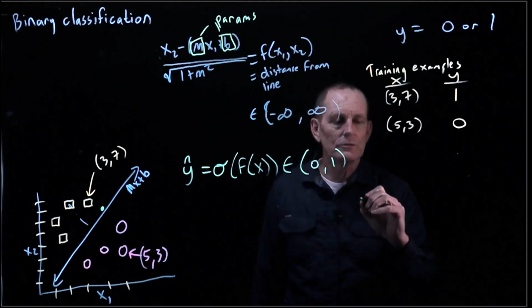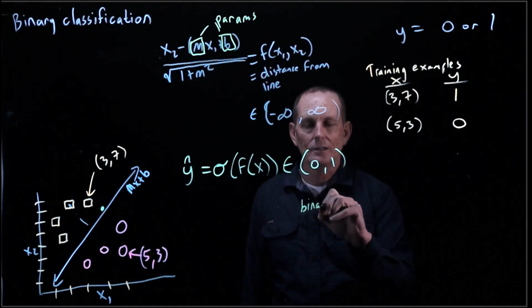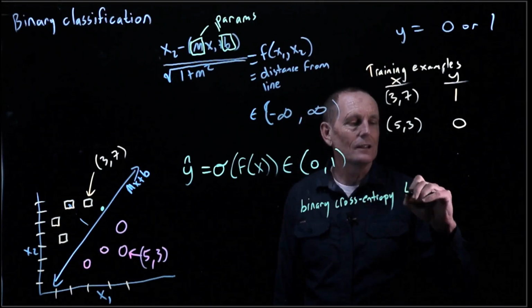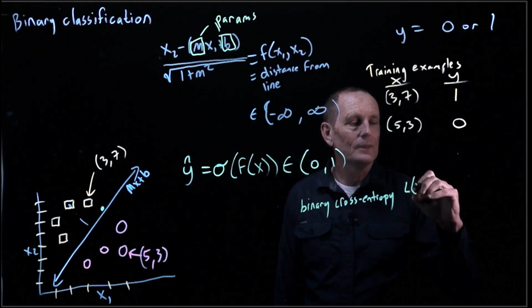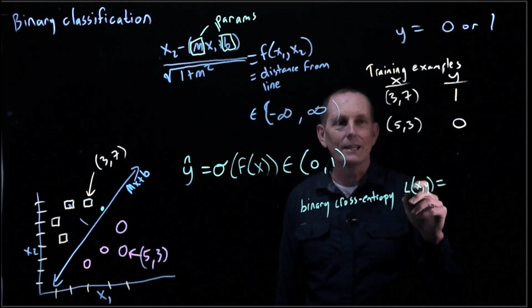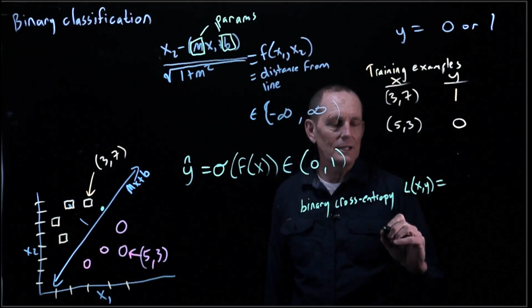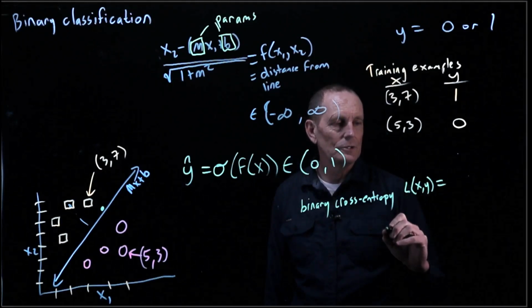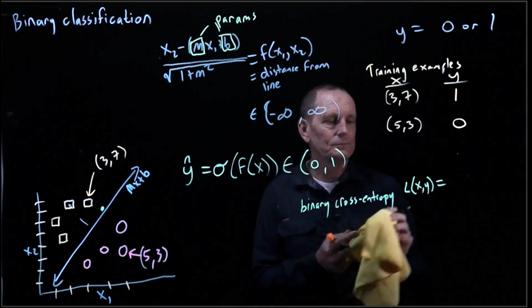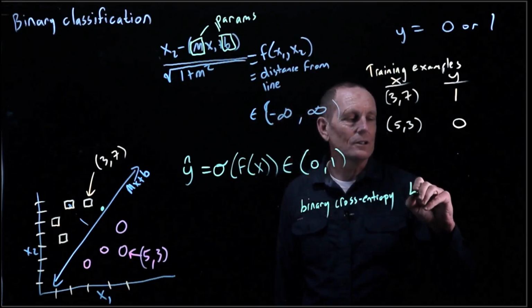So here's what we're going to use for a loss function. This is called binary cross-entropy. So it looks like this.